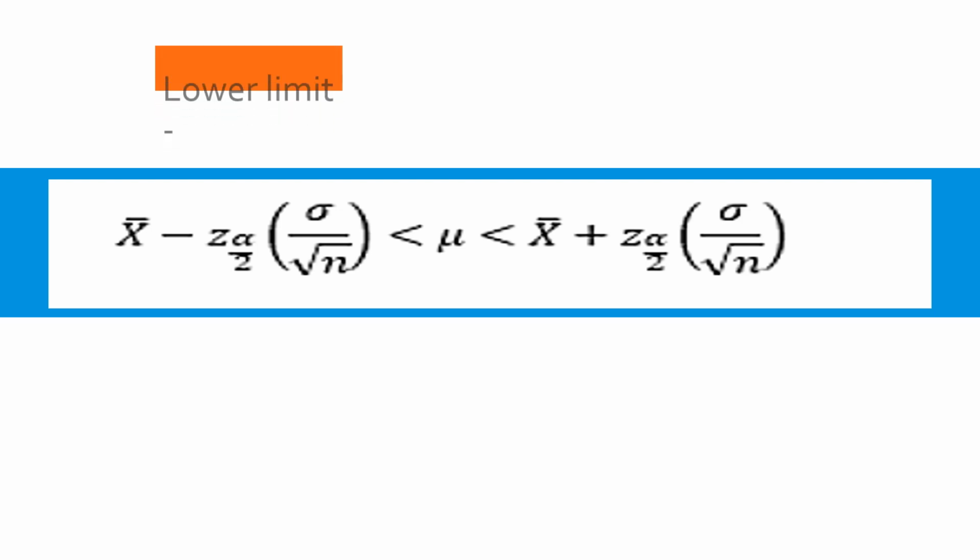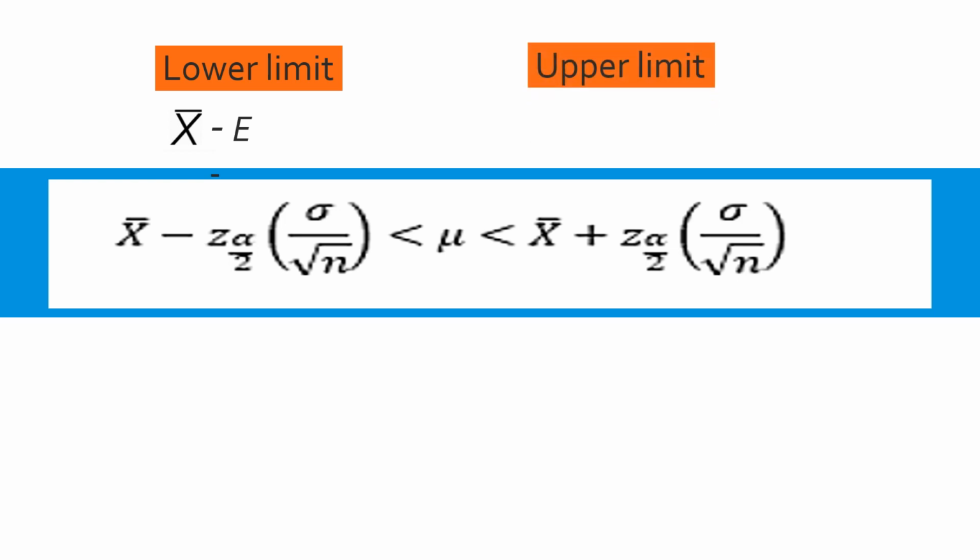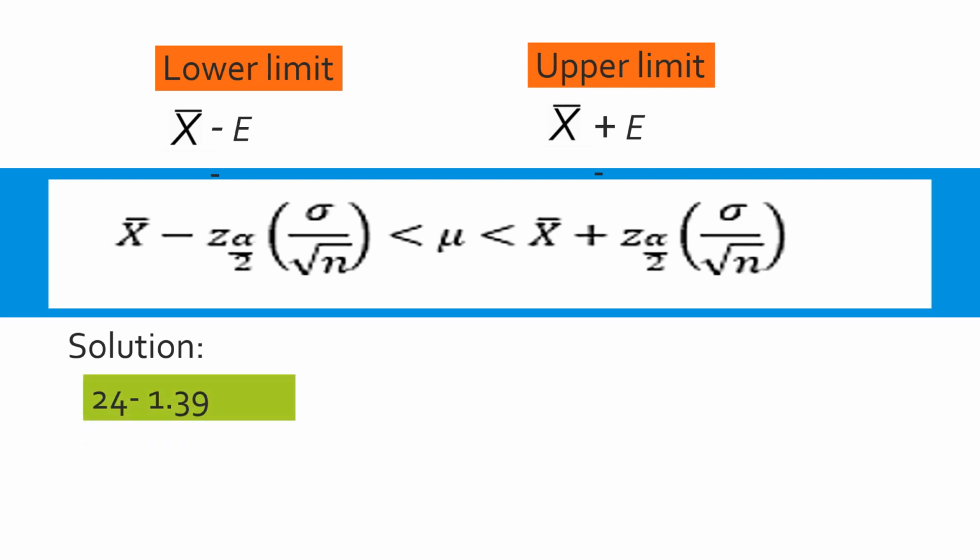So, to solve for the lower limit, you subtract x, our sample mean, minus the margin of error. And then for the upper limit, we have the sample mean plus the error or the margin of error. So for the solution, we have 24 as the sample mean minus 1.39, our margin of error. And then ganun din sa kabila, 24 plus 1.39.